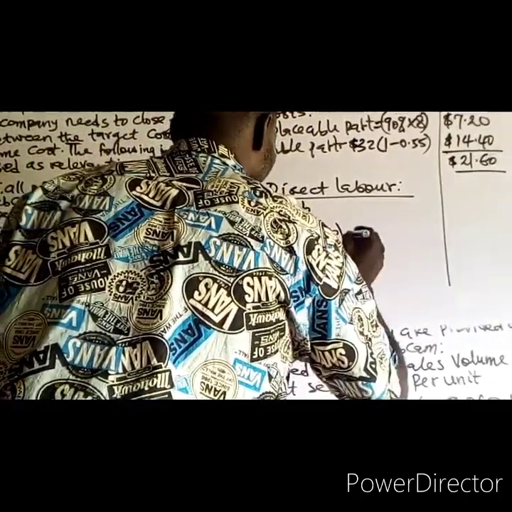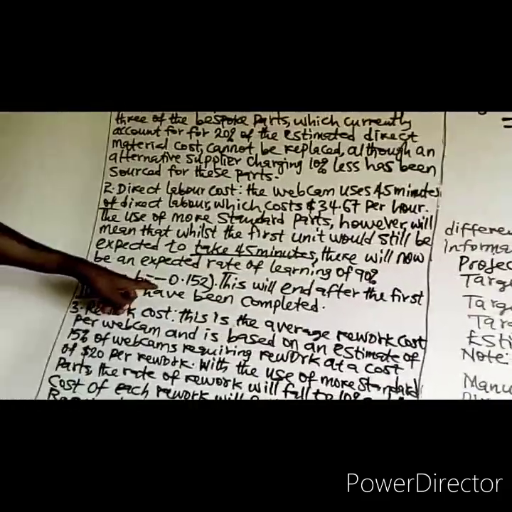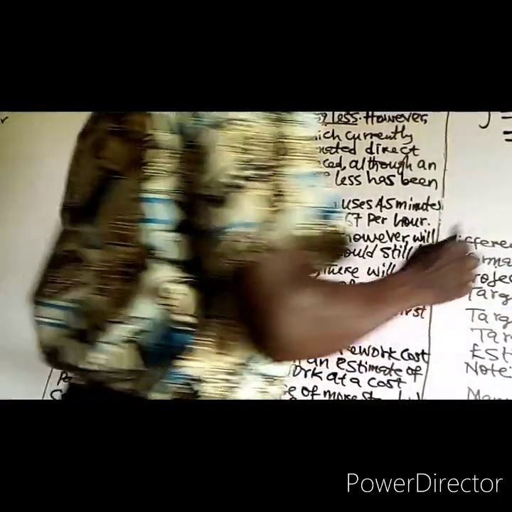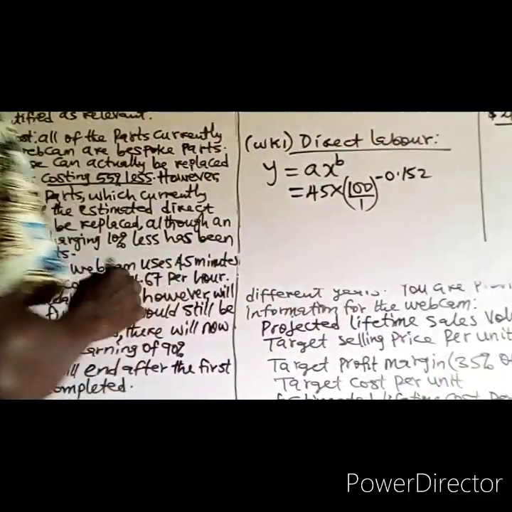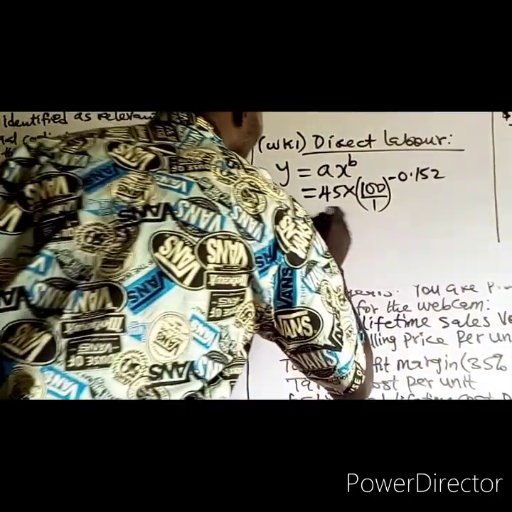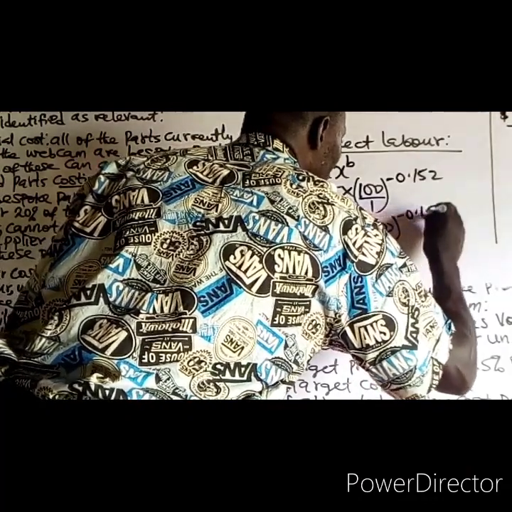Raised to power b. Our b is the logarithm of the learning rate over log 2, and that has been given as minus 0.152. So you have 45 times 100 raised to power minus 0.152.